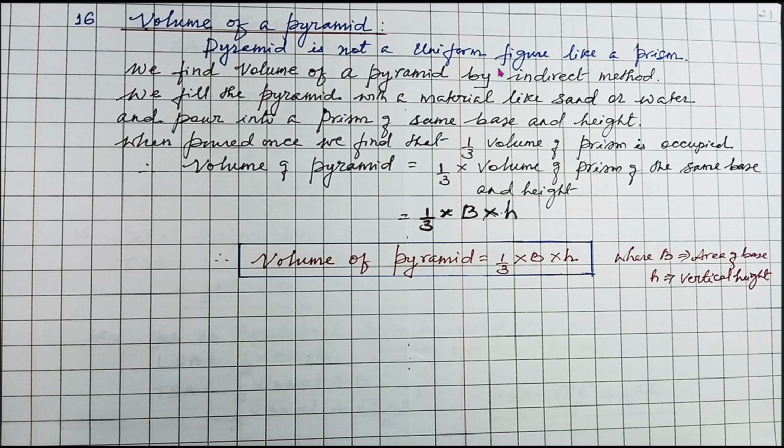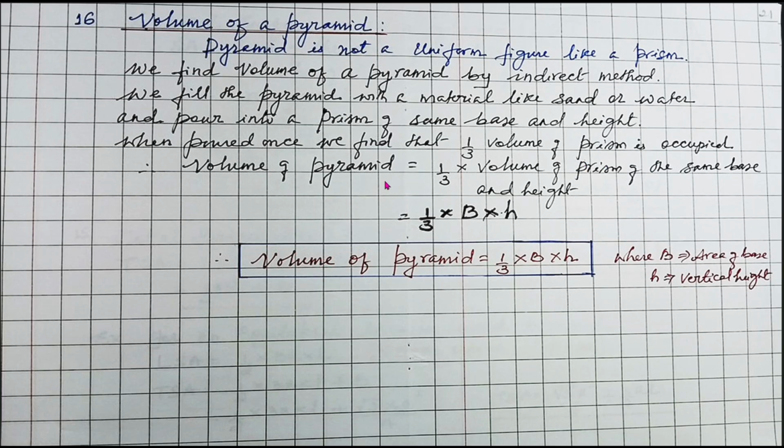Now the volume of a pyramid. A pyramid is not a uniform figure, therefore we cannot just multiply the area of the base and height to get the volume. To find the volume of a pyramid, we have to go by an indirect method. We fill the pyramid with a material like sand or water and pour it into a prism of the same base and height. When poured once, we find that 1/3 volume of the prism is occupied.